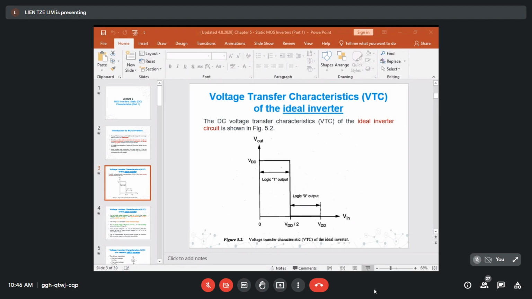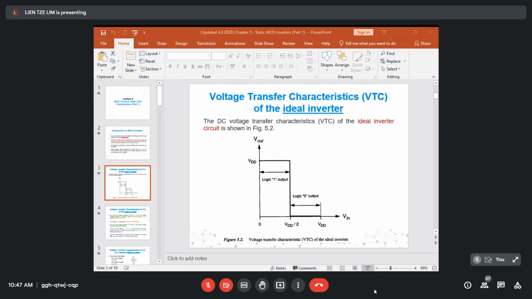Remember, this graph is for an ideal inverter, with logic 1 output and logic 0 output, because of the high and low output voltage levels.